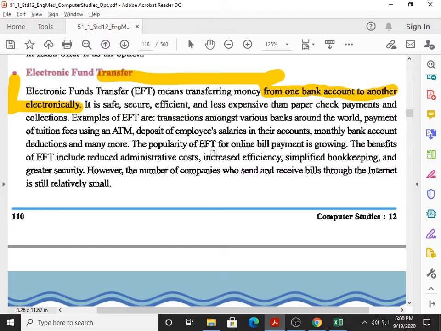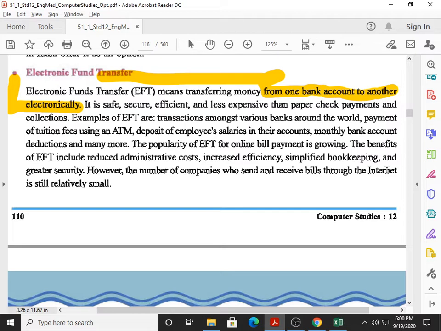The popularity of EFT for online bill payment is growing day by day, and the benefits of EFT include reduced administrative cost, increased efficiency, simplified bookkeeping because your bookkeeping will be easy, and great security. These are the benefits which you have to remember.